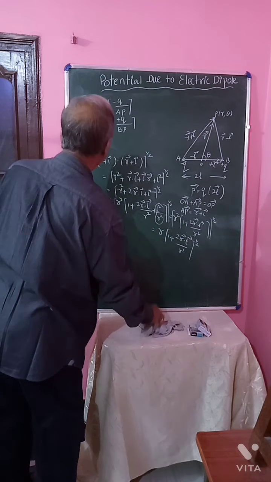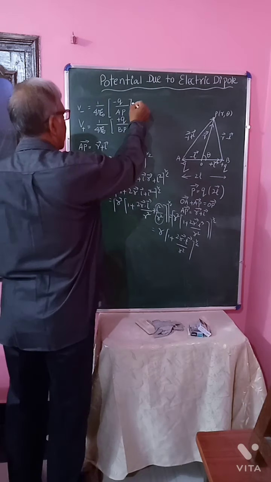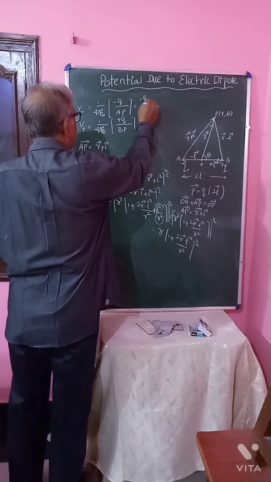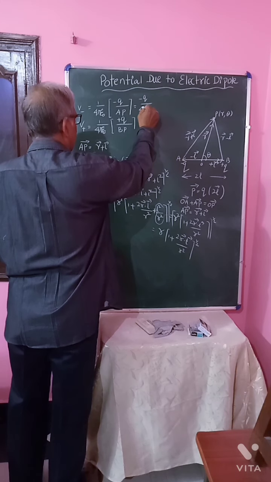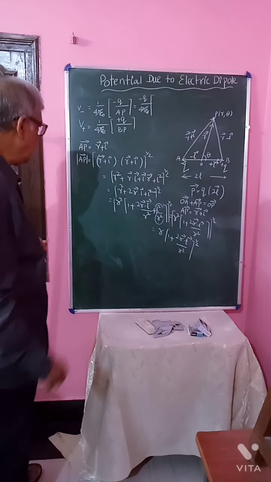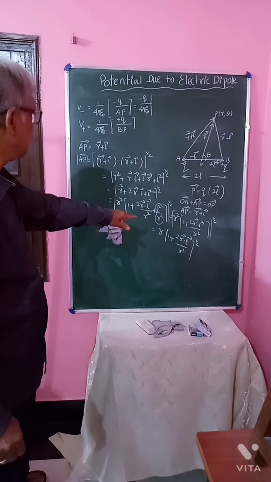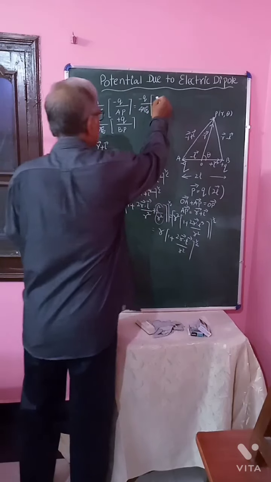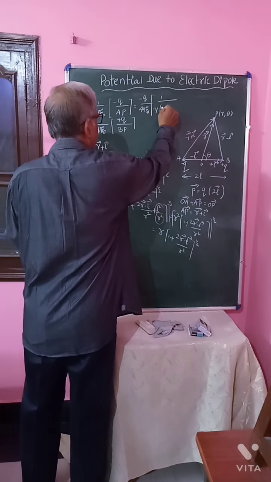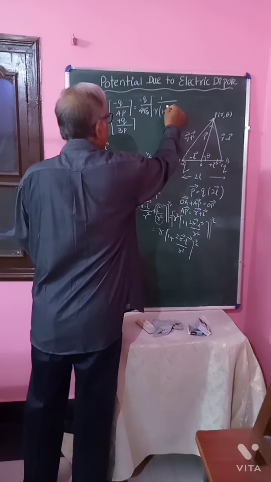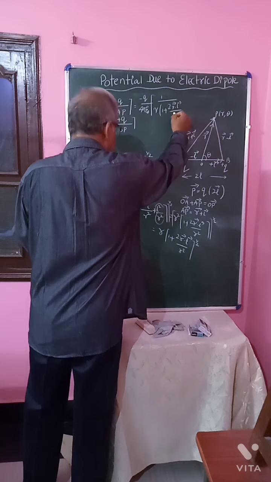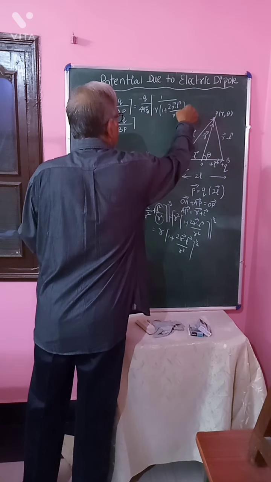As a result, I can write V minus is minus q by 4 pi epsilon 0, and in place of AP it is r, that is 1 by r times 1 plus 2 r dot L by r square to the power half.